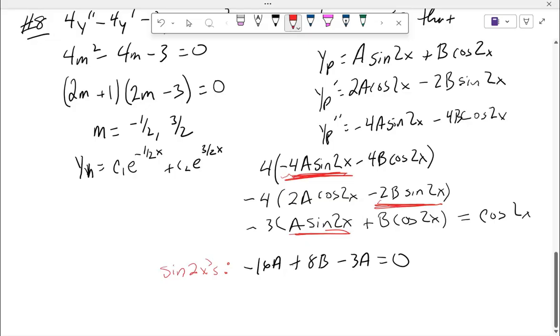Let's do the same thing for the cosine 2x's. I know that the apostrophe doesn't really make it plural, but go with me. Okay. What should be the right-hand side of the equation? What's the coefficient on the cosine 2x on the right-hand side?